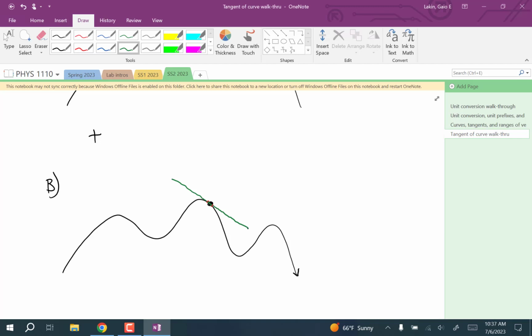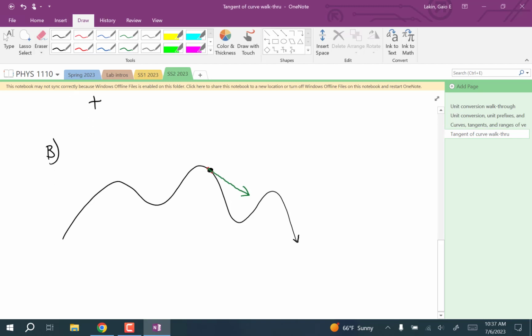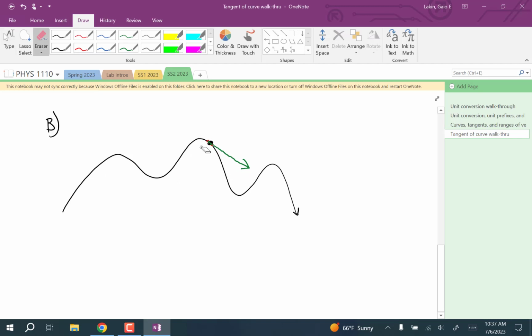And now we want the vector that's in the direction of the motion. So that's going this way. I'll erase this part, and then we're left with the vector that's tangent to the path in the direction of motion. And it turns out that in this case, if this curve represents the path of an object in space, this arrow is in the direction that the object is moving at that instant.